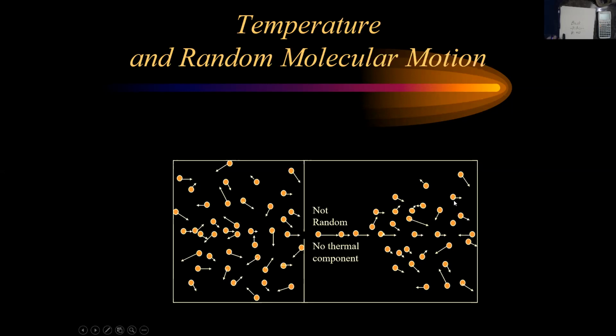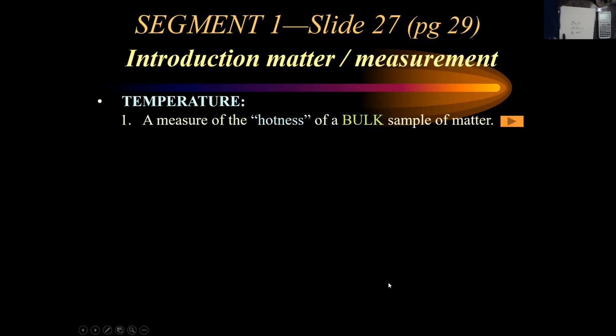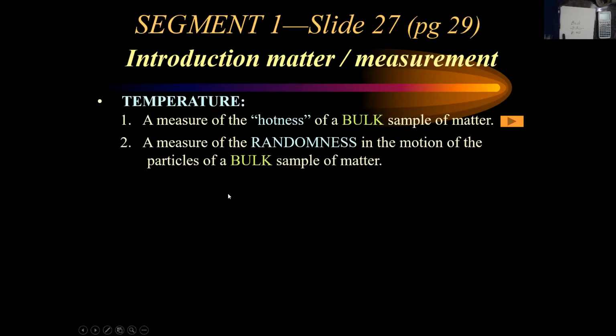That's why the temperature over here is 25, just like it was over here. And the fact that there is very little randomness in the motion here is why the temperature is near absolute zero. You probably didn't know that, but it is the randomness in the motion of molecules of a bulk sample that determines its temperature.